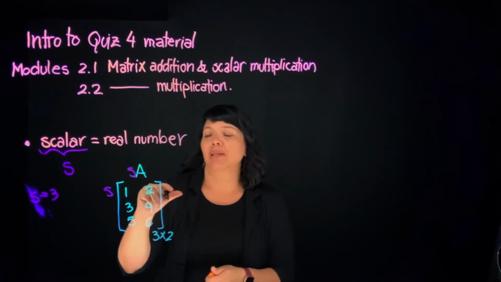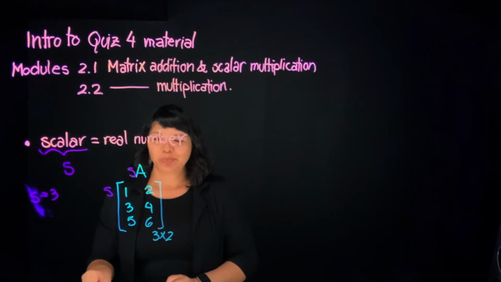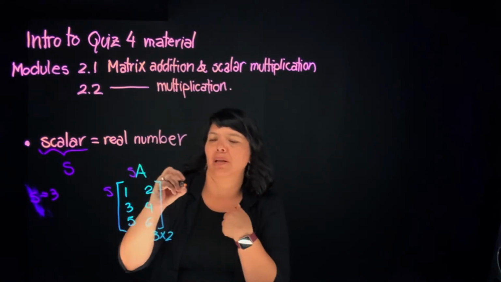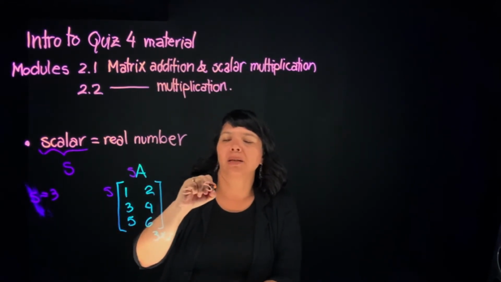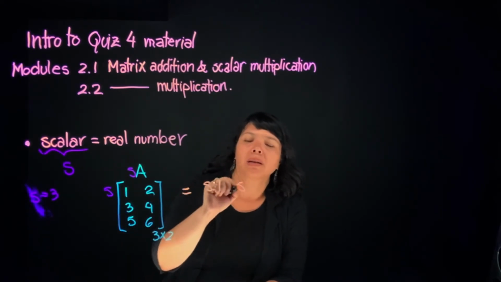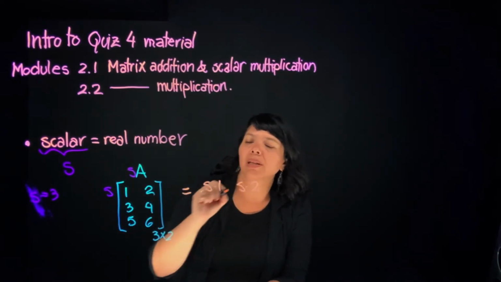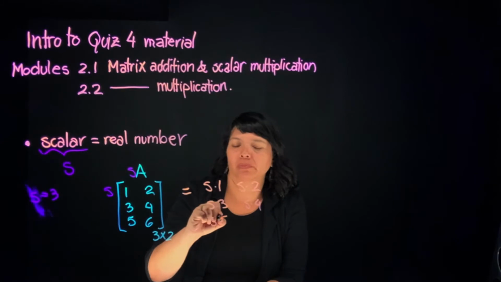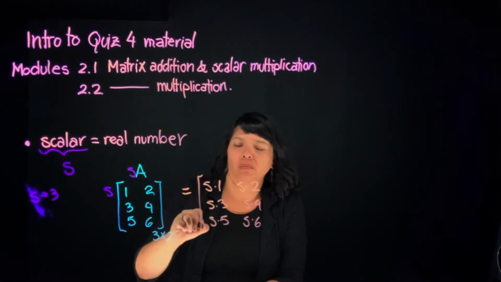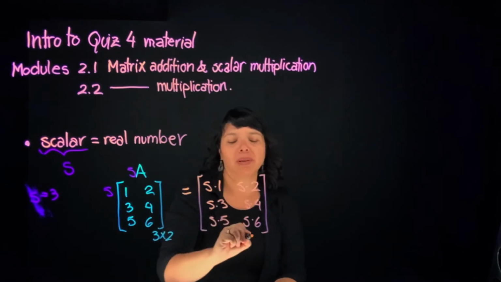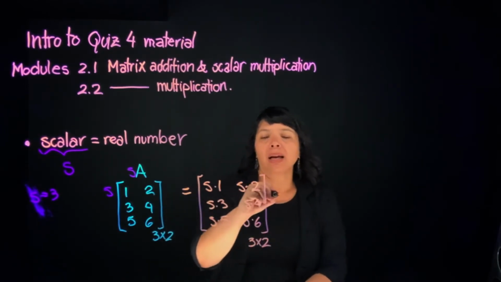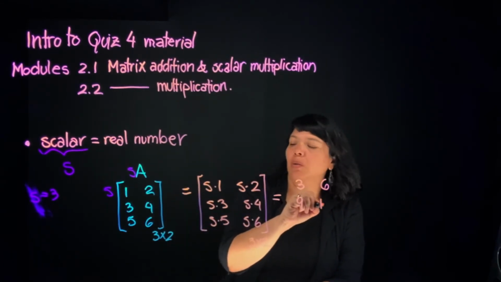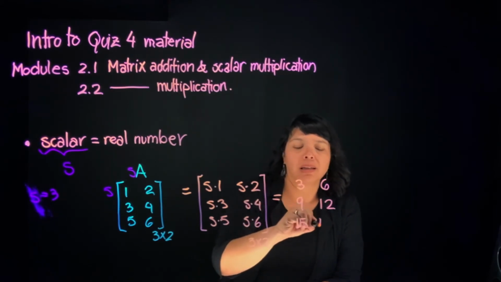My resultant matrix is going to be just s times the first entry, the 1,1, s times the second one, and so on. I still get a 3 by 2 matrix. And because s was 3, I get 3, 6, 9, 12, 15, 18.